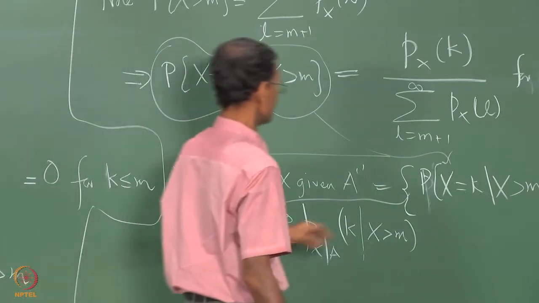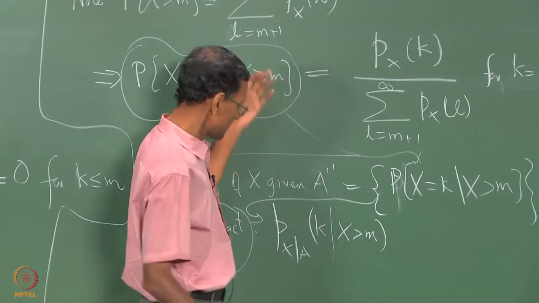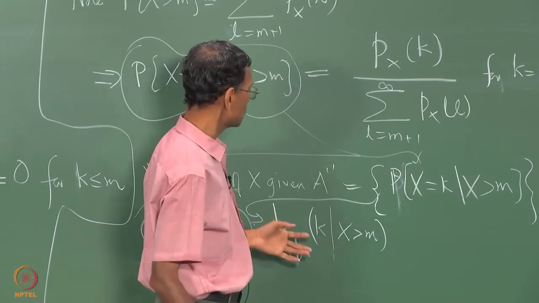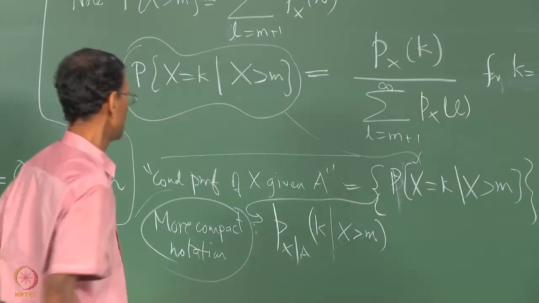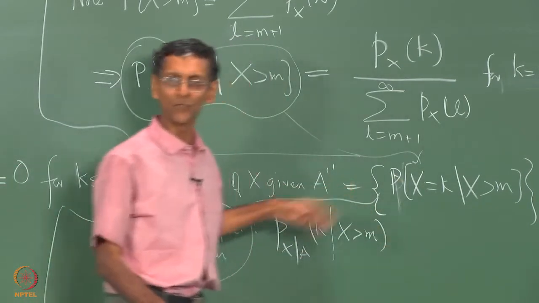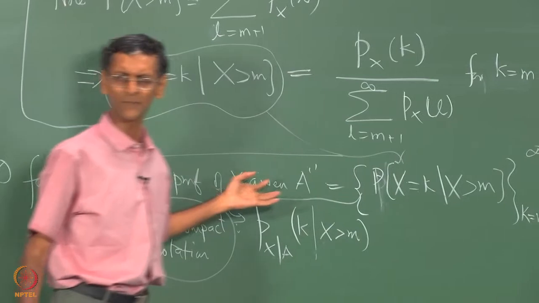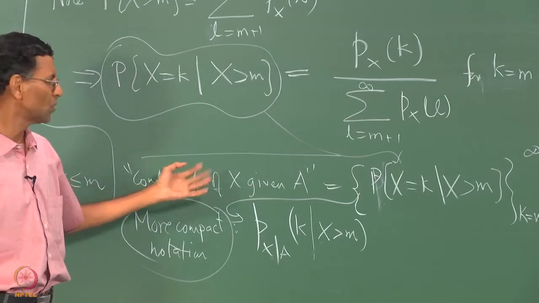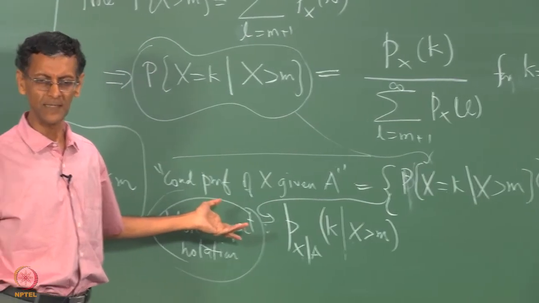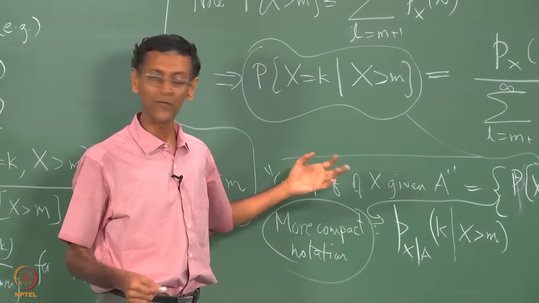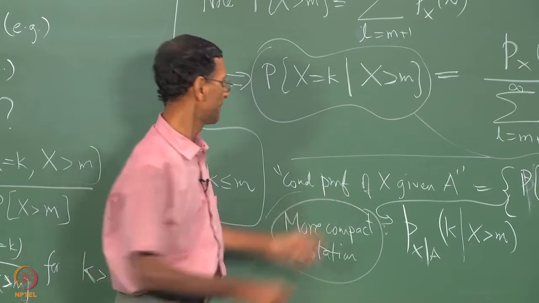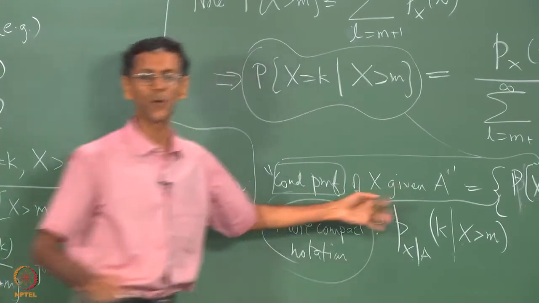Okay, so this is true for the general case. For the geometric case, something very interesting happens. So we can proceed to that. I think this is fairly clear, there is nothing deep happening here, just conditional probabilities collected together and called the conditional PMF. That is what we have done.